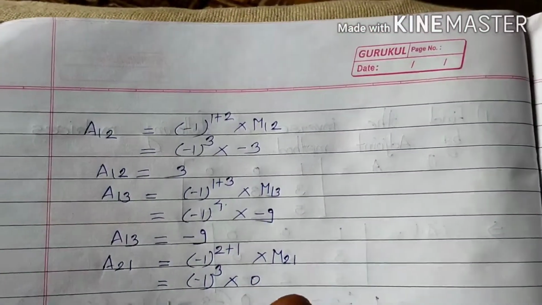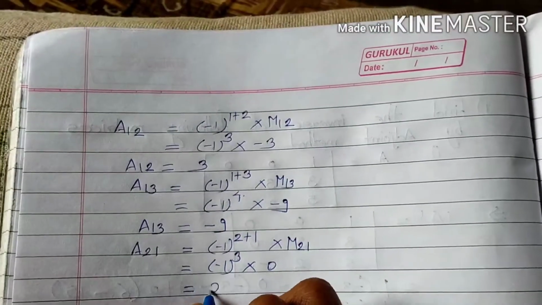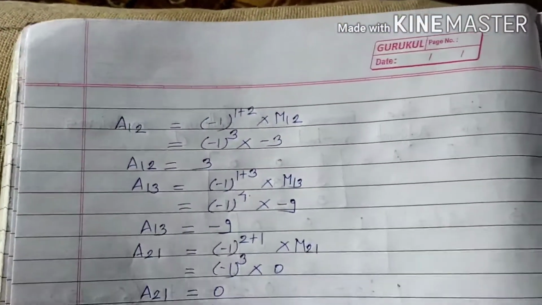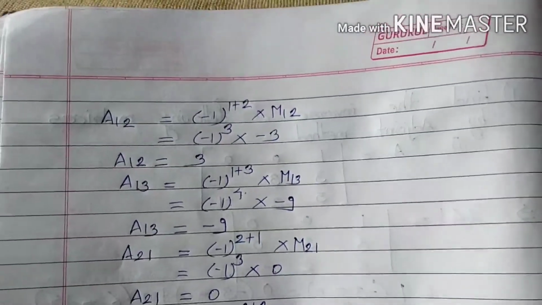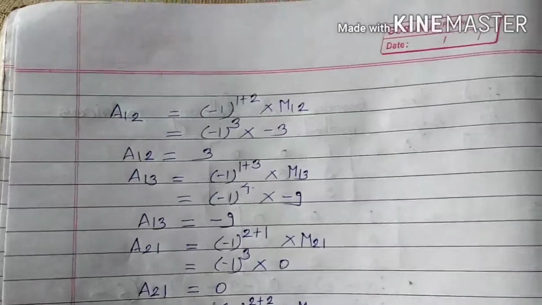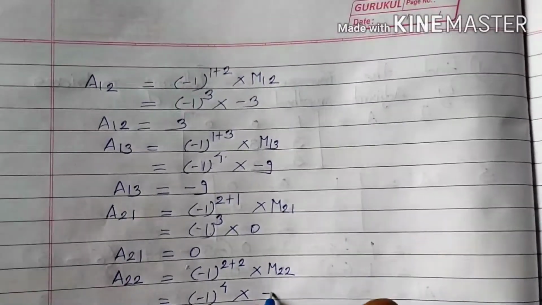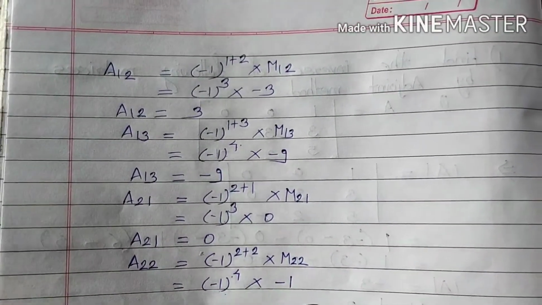Next, A21, M21 is 0. So minus 1 raised to 3 is minus 1 into 0, 0. Next, A22, M22 is minus 1. Minus 1 raised to 4 is plus 1 into minus 1, minus 1.